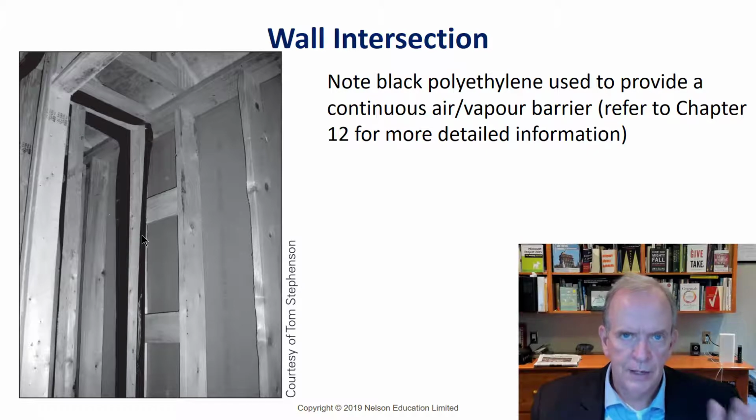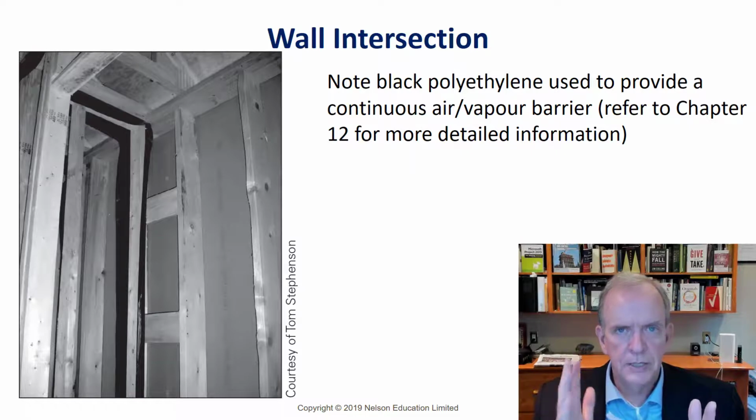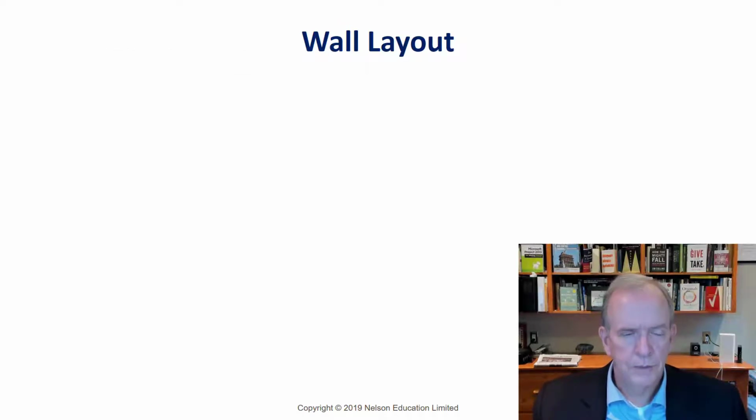So that's why we call it an air vapor barrier. And it gets a little bit more complicated than that. Usually we have the air vapor barrier combined on the inside, but we can separate them if we want. We can have the vapor barrier on the inside and the air barrier on the outside if we want to. It gets a lot more complicated, to be honest, if we want to get down to building science principles.